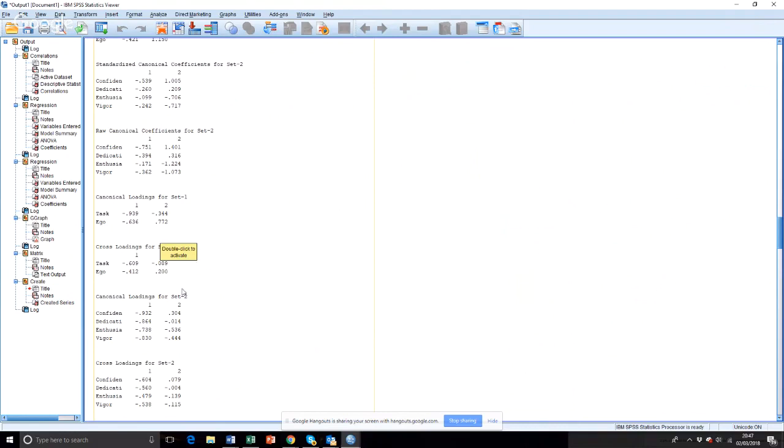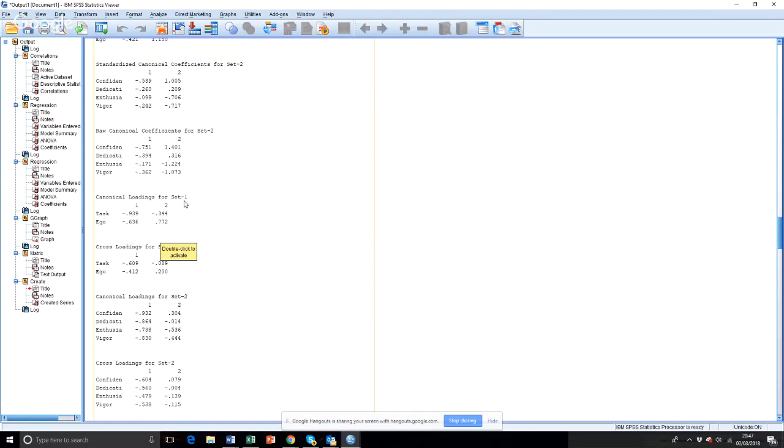Now, the second set, this other set that was significant, is also quite interesting because this is when the variance that isn't explained in the first set is recycled and then used to run the same process again. And you can see here that what we have in the second canonical correlation is low levels of task orientation and high levels of ego orientation. So what we have here is an ego factor, which seems to be negatively correlated with enthusiasm and vigor.